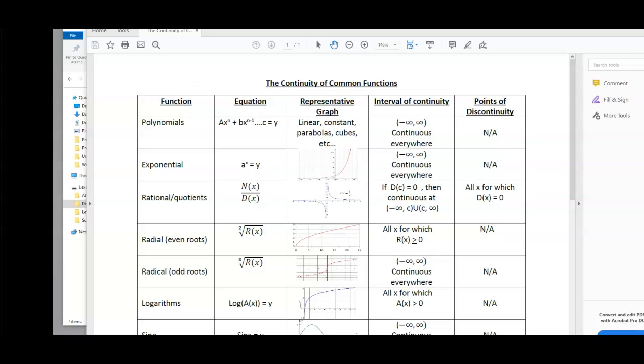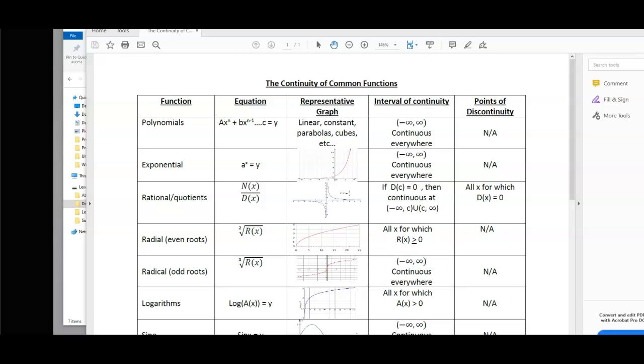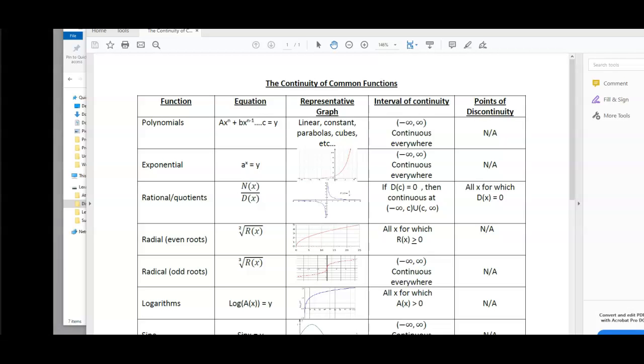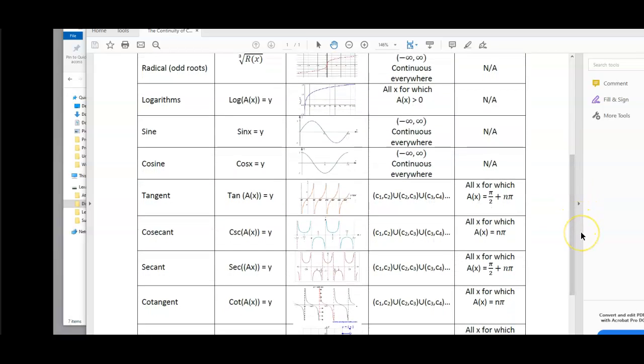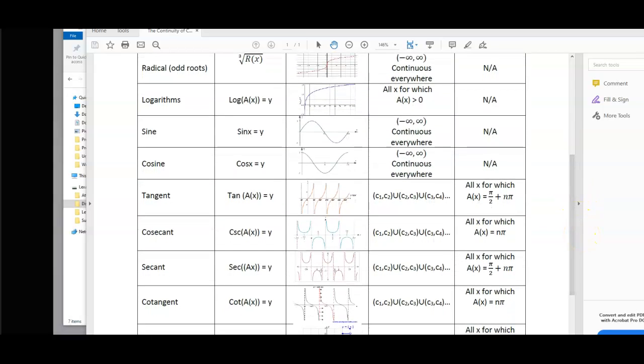But what it does is basically you just find the function you're interested in, and then this column will tell you what the equation looks like. This will tell you what the graph looks like. This will tell you where it's continuous, and this will tell you where it's discontinuous. Okay, so we're looking at secant graphs right now. So I'm going to scroll down to where we see the word secant, and there it is.